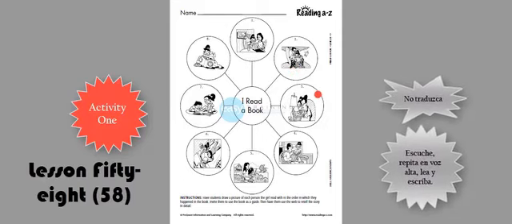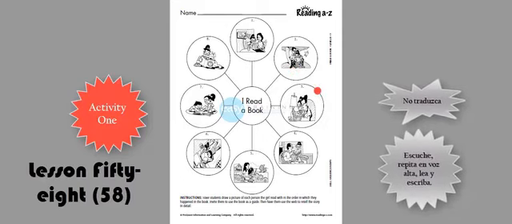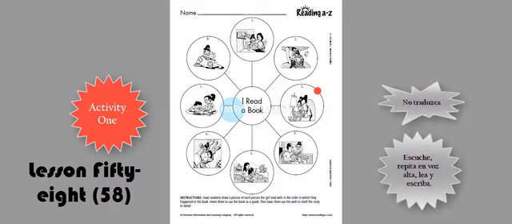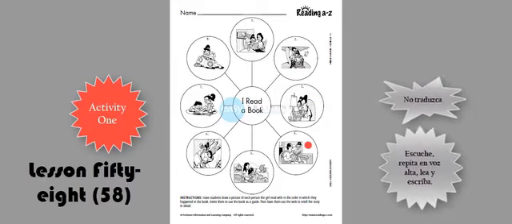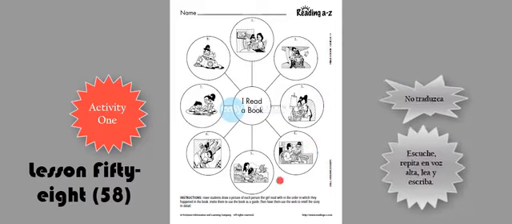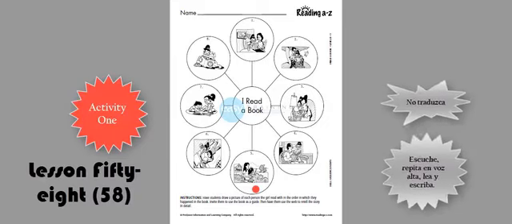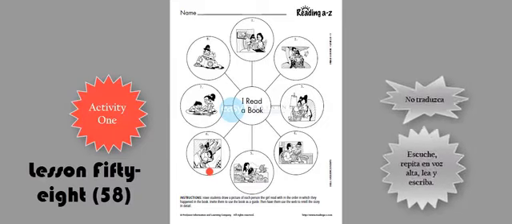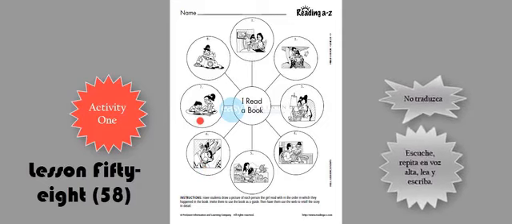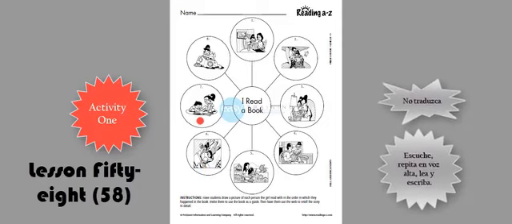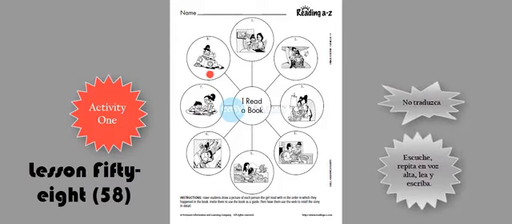In picture 3, we see the girl reading the book with her grandma. In picture 4, we see the girl reading the book with her grandpa. In picture 5, she is reading the book with her aunt. In picture 6, she is reading the book with her sister. In picture 7, she is reading the book with her brother. And in picture 8, she is reading the book to her dog.